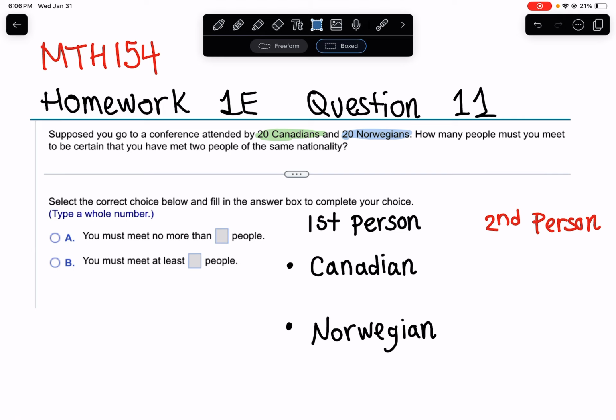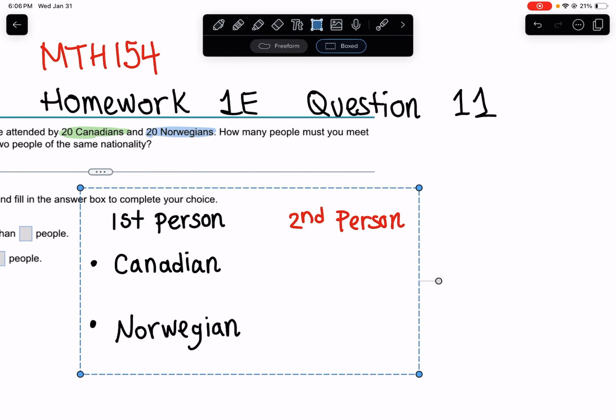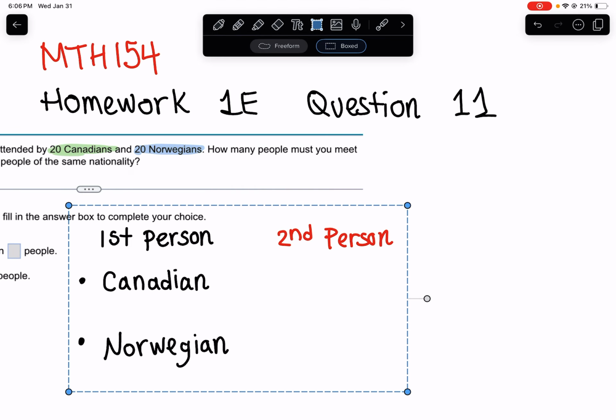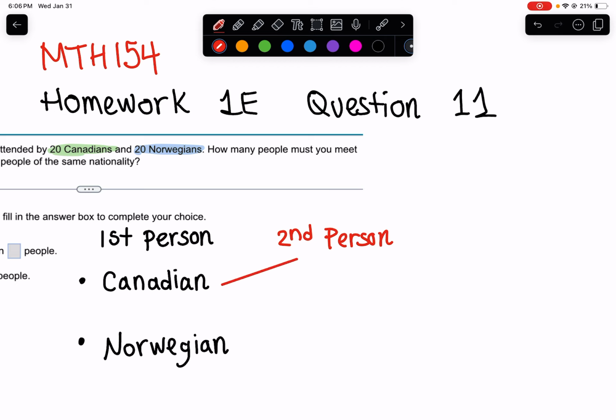If I started with the Canadian, well, I have two options, right? My second person could be another Canadian, or the second person could be a Norwegian.